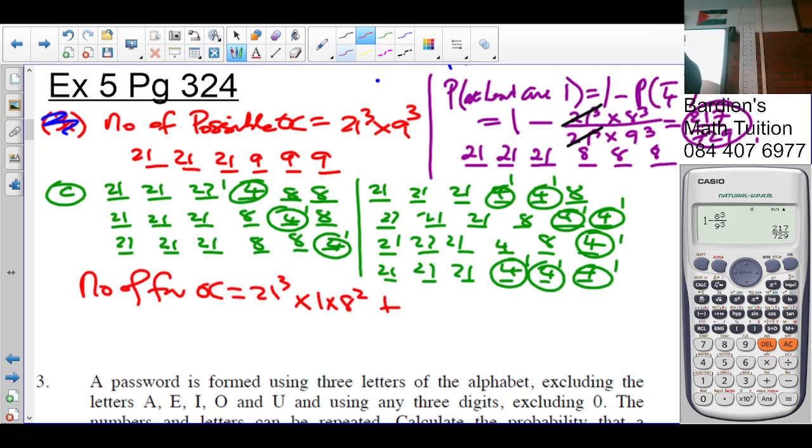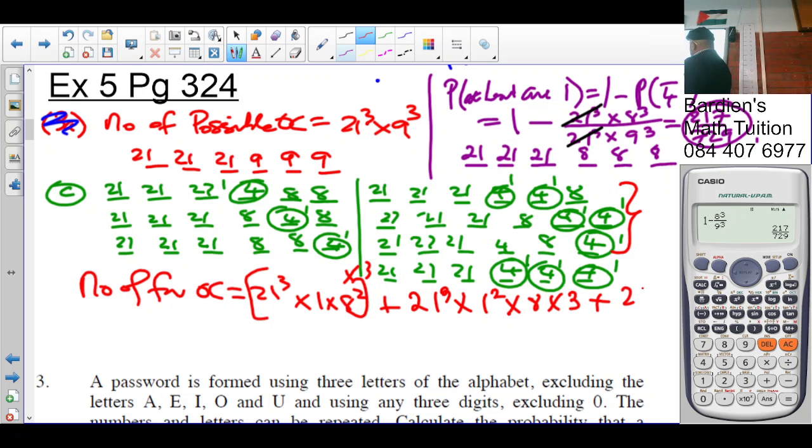The next one is going to be 21 cubed, which is this category here, 21 cubed times there's 2 fours, which is one option, no? Times 8, and there's 3 of those. Okay, there's 3 of these as well. Plus 21 cubed times 1 cubed. You work that out. Okay? You just work out the answer.